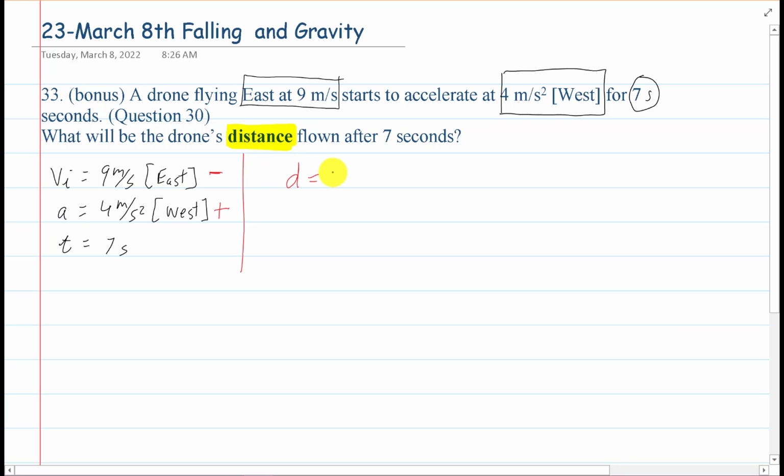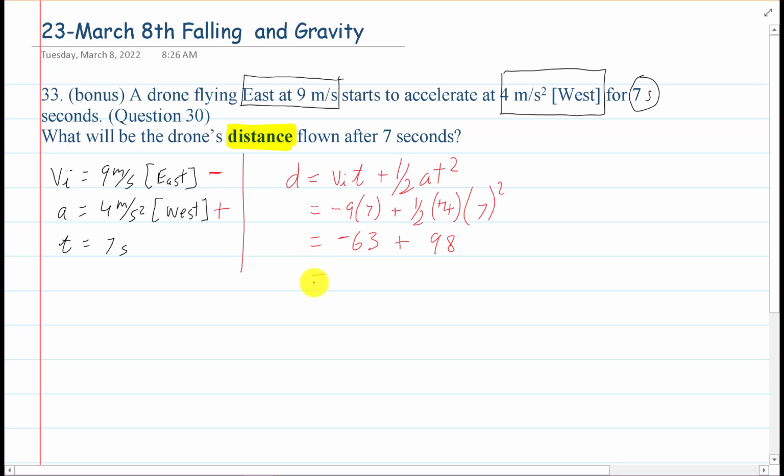Displacement is equal to v_i t plus 1/2 a t squared. So d is equal to -9 times 7 plus 1/2 times +4 times 7 squared. So this is -63, and this is 2 times 49, which is 98.